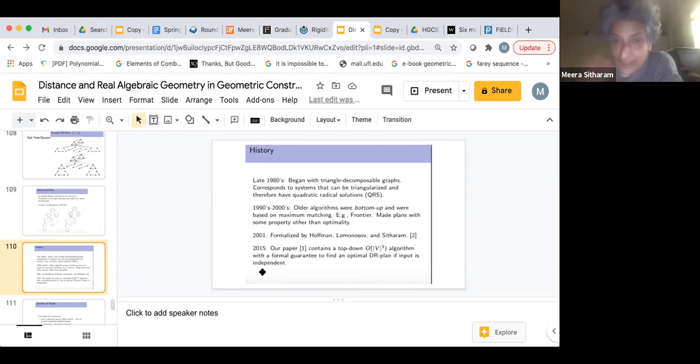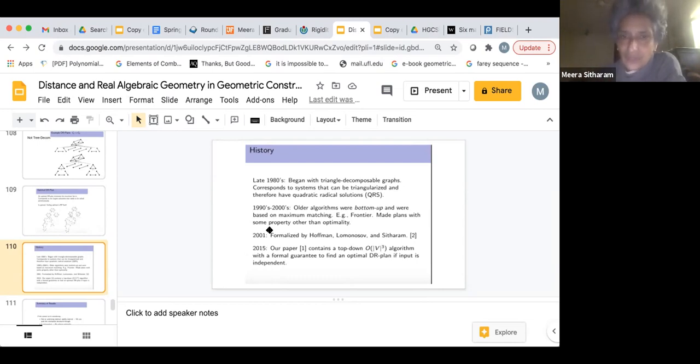One direction is straightforward: all tree decomposable graphs, planar or not, are quadratically radically solvable. It's the other direction to show that in order to be quadratically radically solvable, you should be tree decomposable.